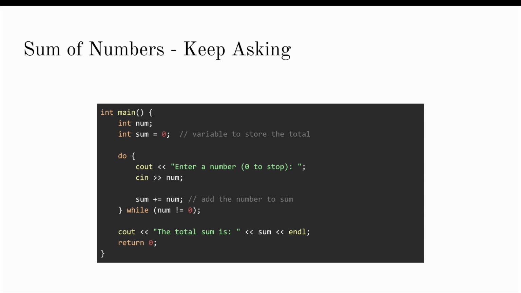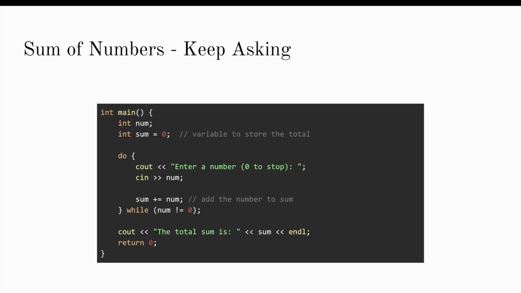If you look at the condition here, the condition is number not equal to 0. That means this loop will keep running. Let's say the user enters 1 4 5 16 19 18 16, whatever the user enters, it will keep running because it's not equal to 0. But as soon as the user enters 0, it will stop and give you the sum.